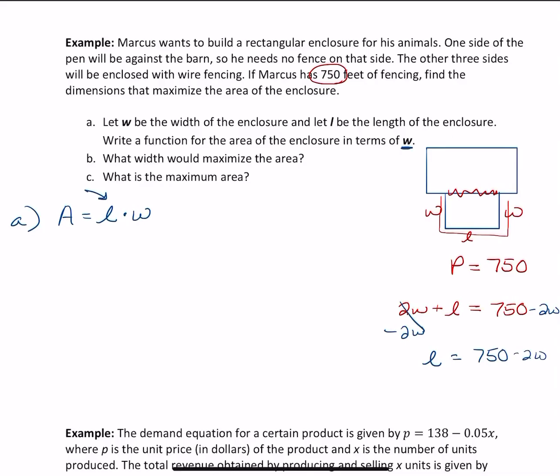So I'm going to substitute that in for L, where the L is, I'm going to put 750 minus 2W. And then I've got the times the width. So this is area, length times width.